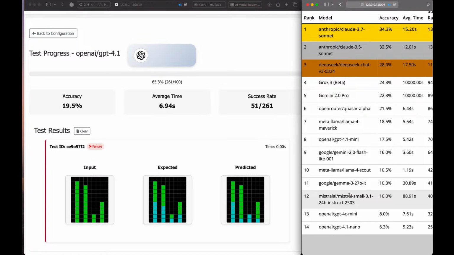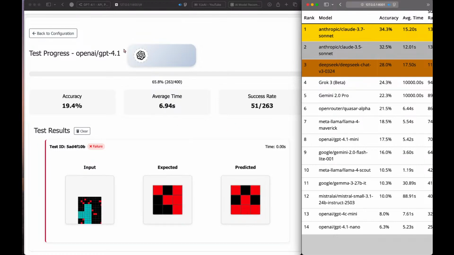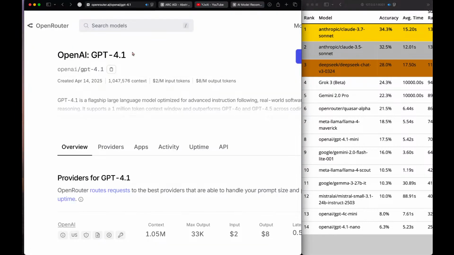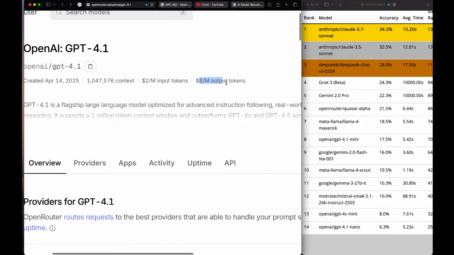What about comparing to 4o? So I don't have 4o in the list. I haven't done that. I was thinking that a new model is going to release, so I have not done that. Pricing, yes. Let's look at the pricing. GPT 4.1 is cheaper than 4o. So you can see here it is $8 per million output tokens.